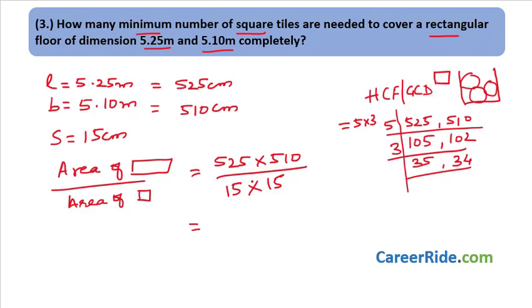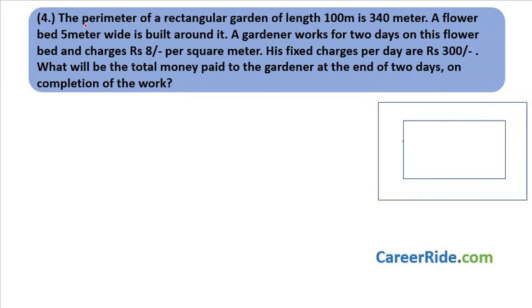So this becomes 35 into 34, right? So this is equal to 1190 tiles. You can try to multiply these. Your answer will come to be 1190 tiles. I've already checked it. Okay. So let's see question number 4.